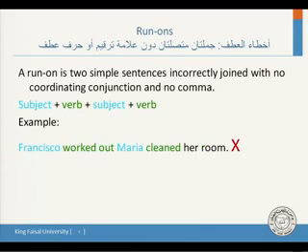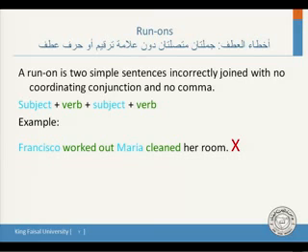Now look at this example. Is this sentence correct? Francisco worked out. Maria cleaned her room. Francisco subject, worked out, verb. Maria subject, cleaned her room, predicate or verb and complement. Now, this is not correct.